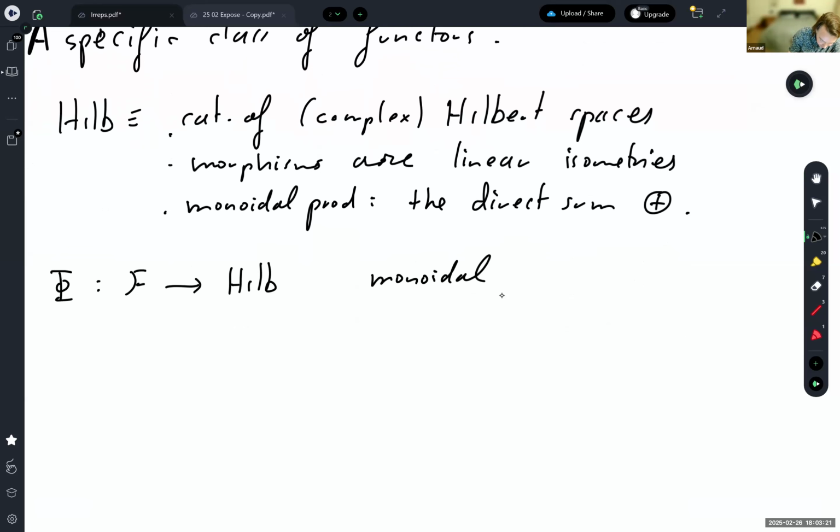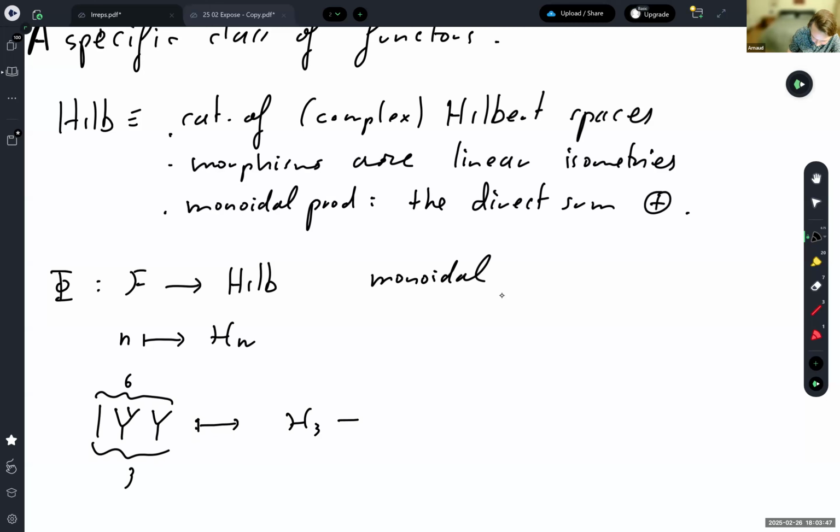It means that if I look at F as a category, for any natural number n, I should have a Hilbert space Hn. And if I have a forest, let's say this one, you see here there are 3 roots, here there are 6. So this should send to a map that goes from H3 to H6, and it is isometric.